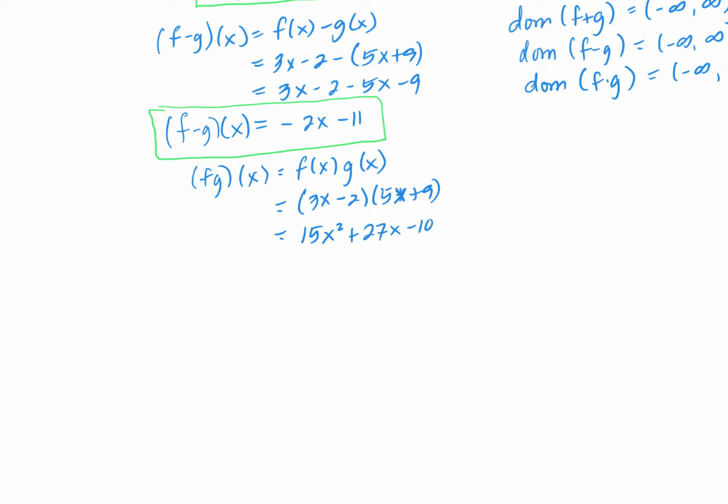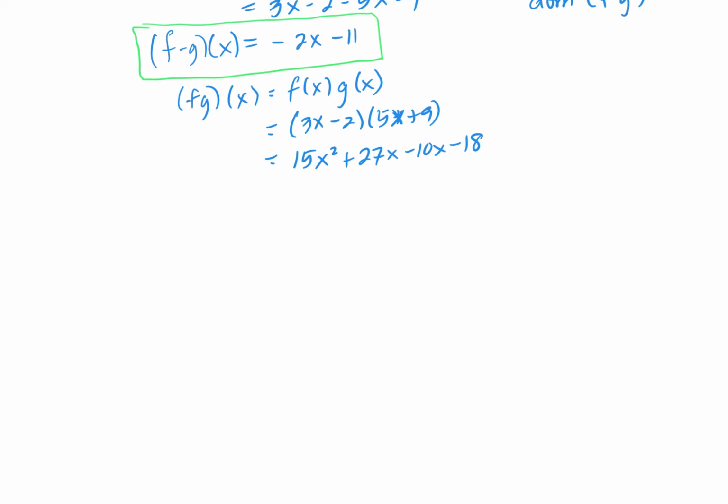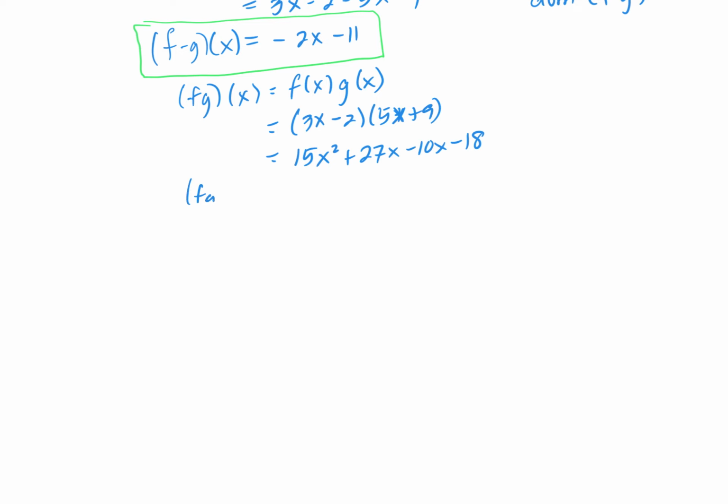I have a certain order that I like to do these in. I think that's it. So the 27x minus 10x would be a positive 17x. So it looks like f times g of x is equal to 15x squared plus 17x minus 18. And again, the domain is simply the intersection of domain f, domain g, which is negative to positive infinity.